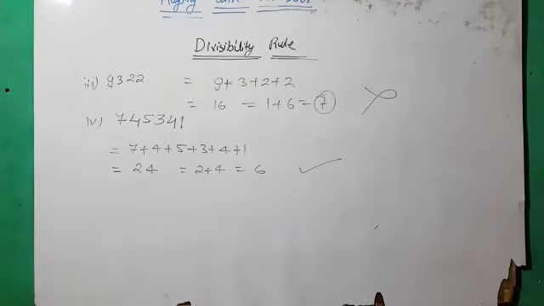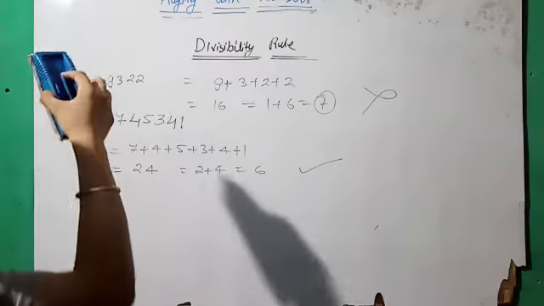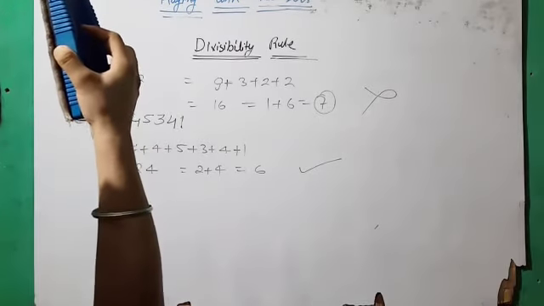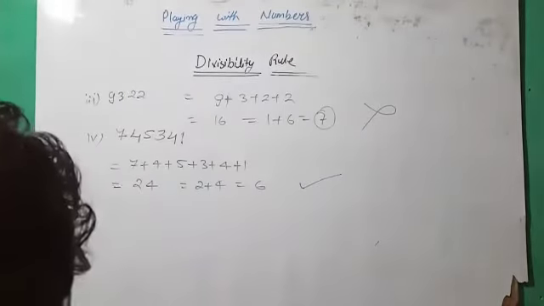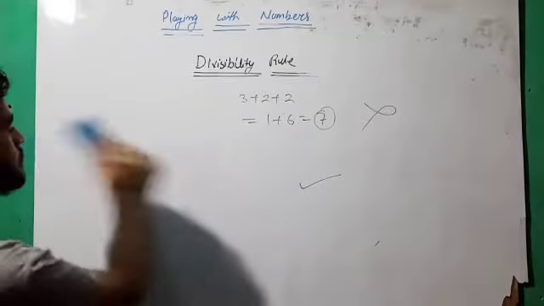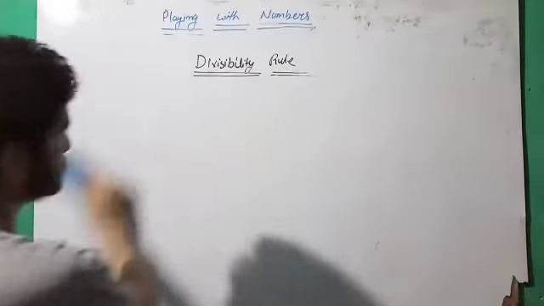Okay. Now move to the divisibility rule of 4. The divisibility of 4 is not given in the book, but I will discuss it because it is important.